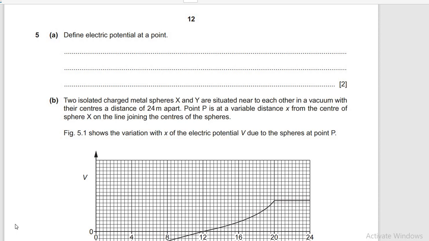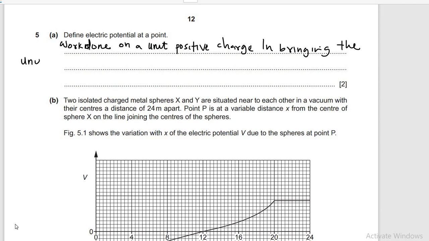Okay, you can say work done on a unit positive charge bringing the unit positive charge from infinity to that point.